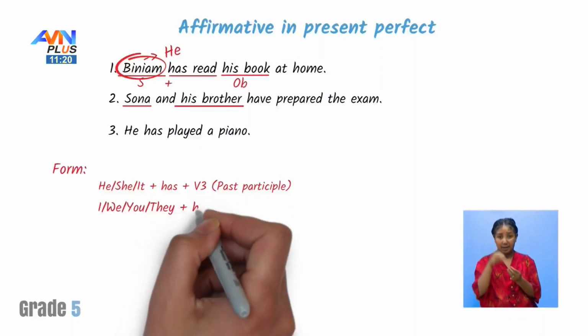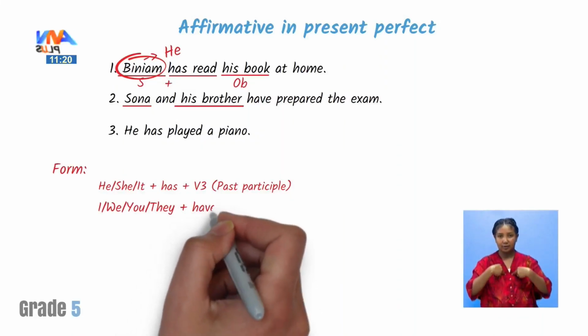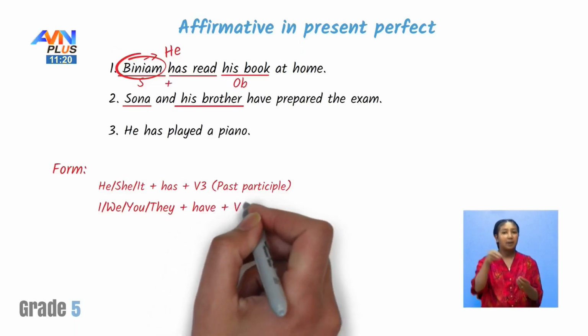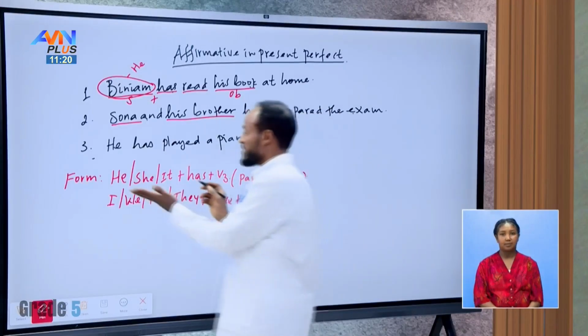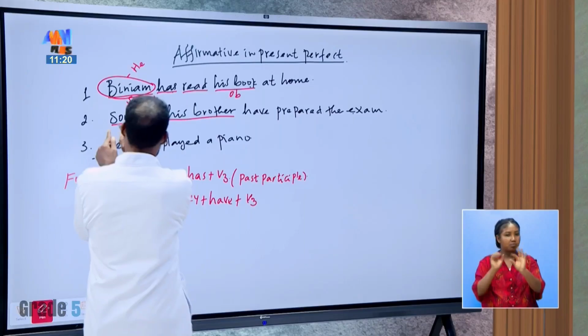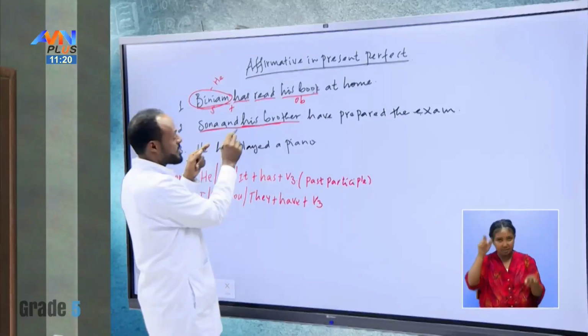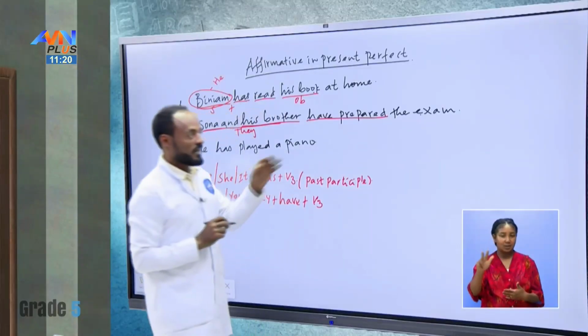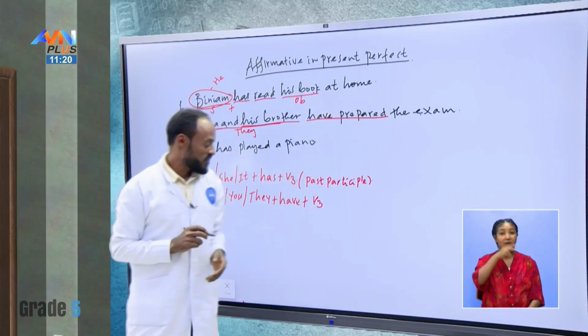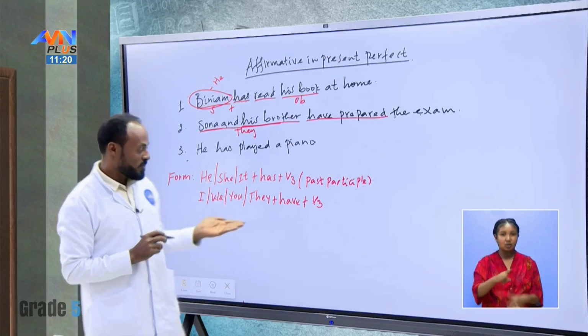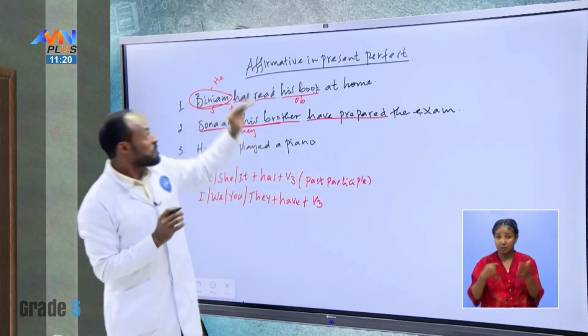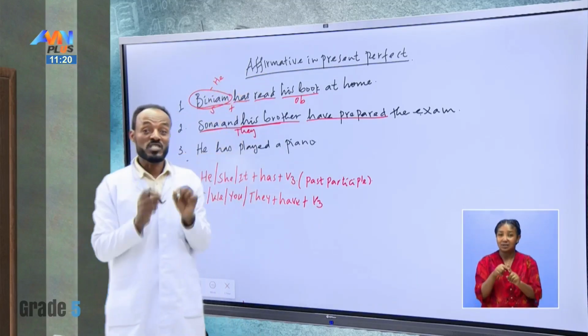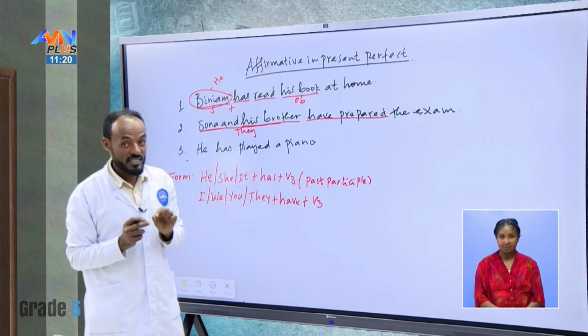Plus have, plus verb 3. Sona and his brother means they. Have is here, then verb 3. This verb should be verb 3. So I hope it's clear about affirmative or positive sentence. Am I right?